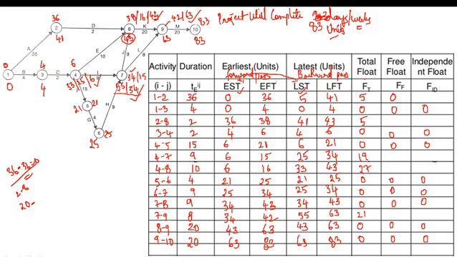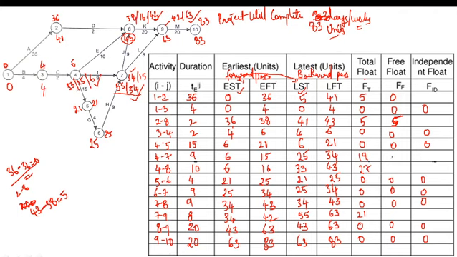Sorry, EST of 8 to 9 is 43, minus EFT of 2 to 8. What is EFT of 2 to 8? We have 38 there. Look at the table. So it is nothing but 5. So write that 5 over here.